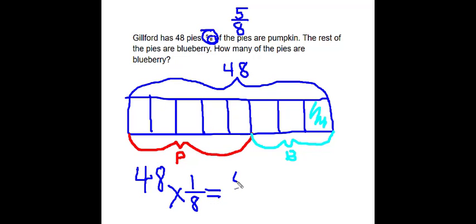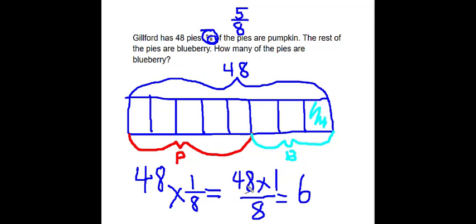We're going to turn this 48 into an entire fraction, times 1/8, which is the same as 48 divided by 8. So we know that each unit is equal to 6.